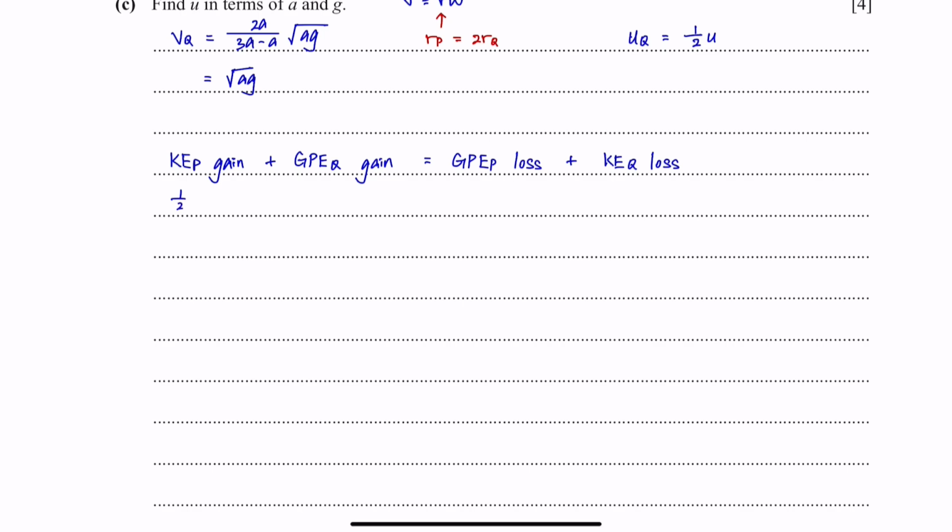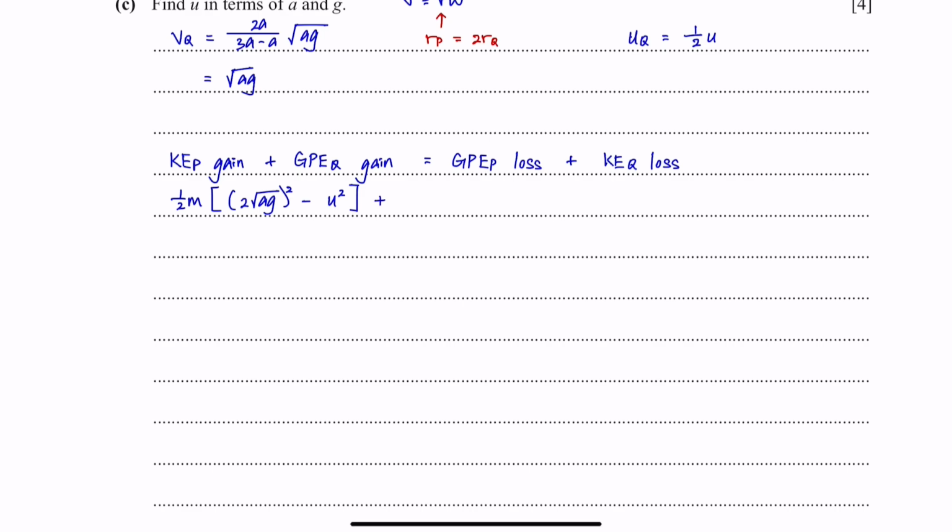So half times mass times the difference in speed squared. So the final speed of P is 2 root ag, and we will square it, minus the initial speed, which is u, and we will square it.